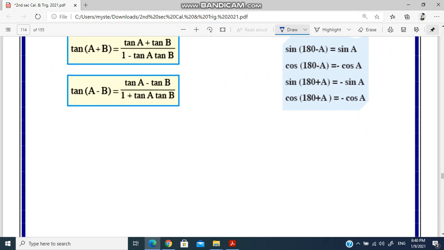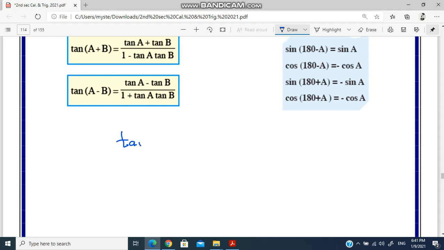And tan A plus or minus B. Tan A plus B equals tan A plus tan B over 1 minus tan A tan B. And tan A minus B equals tan A minus tan B over 1 plus tan A tan B. Remember that.